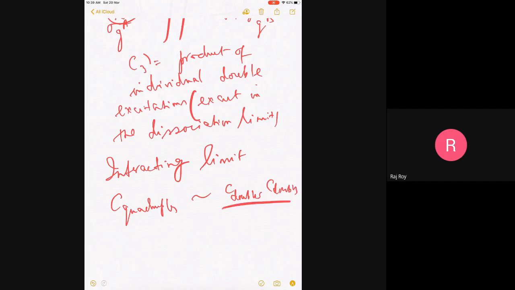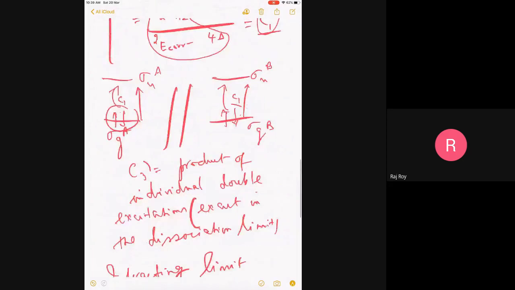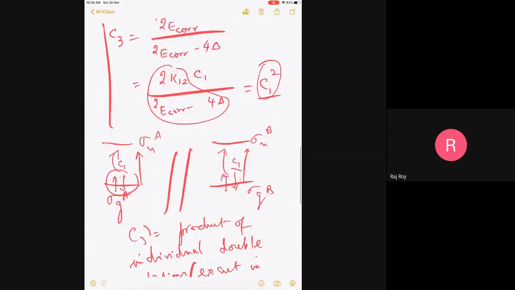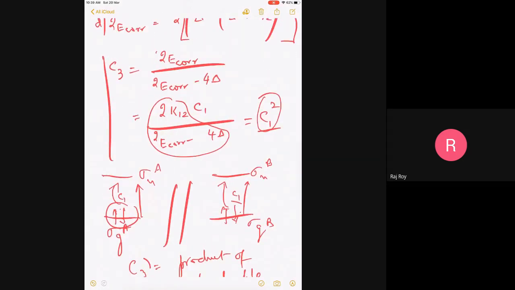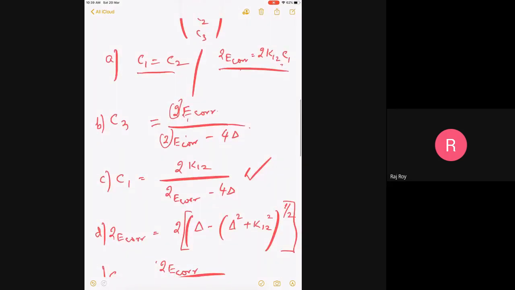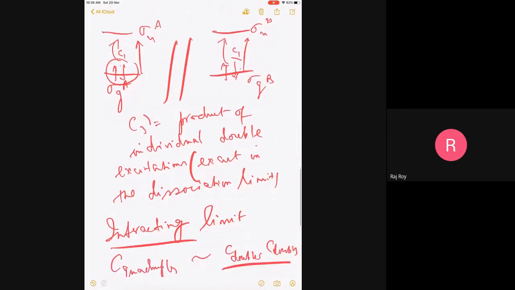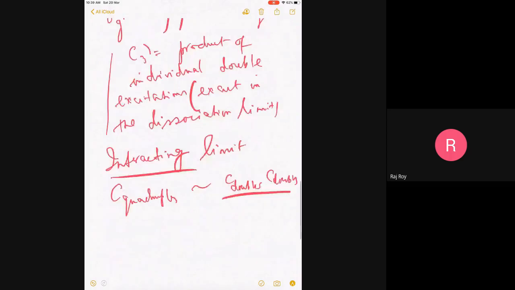What kind of product I will not qualify, even in the interacting limit. This is, of course, a dissociation limit where it is exact, because this is coming from the equation. This is the exact analytical solution that I'm giving of the DQCI. So this is exact, but then there is an approximation which says that even in the interacting limit, the quadruples is best written by product.